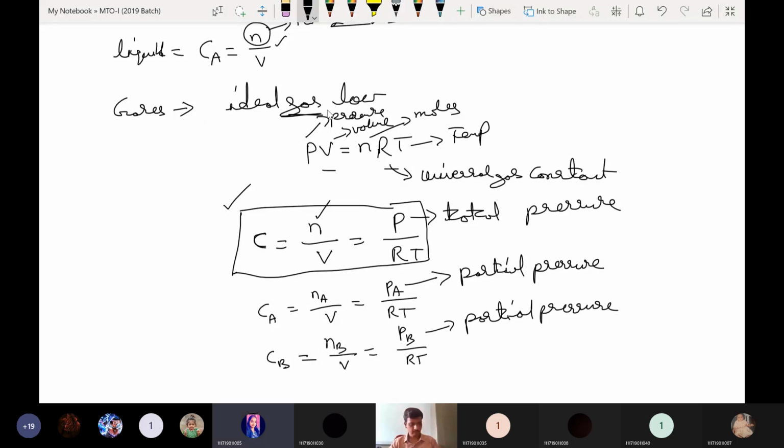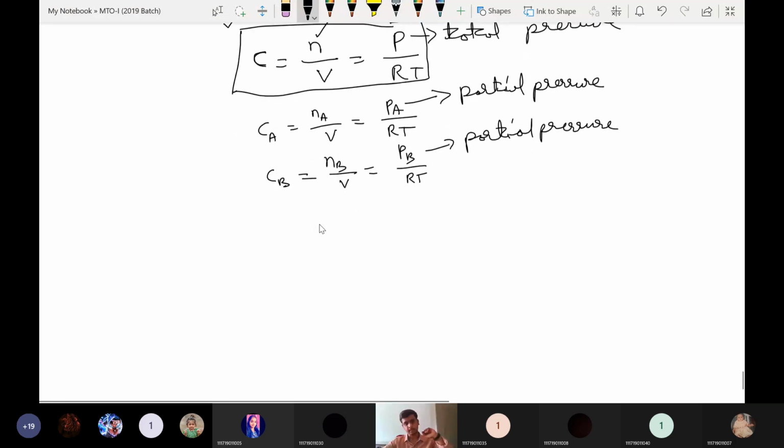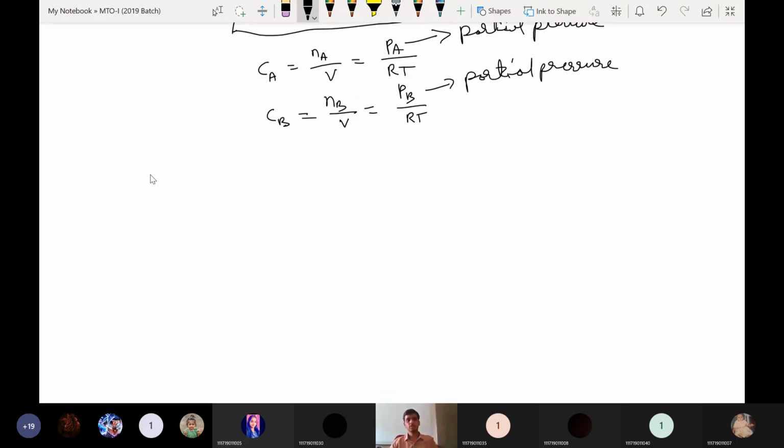Yes, sir. Earlier I forgot to cover the R value. What is this R value? It is the universal gas constant. For example, we are using PV is equal to nRT.